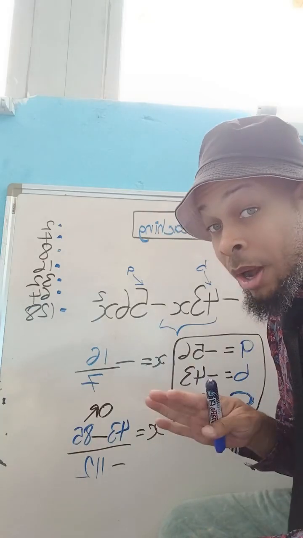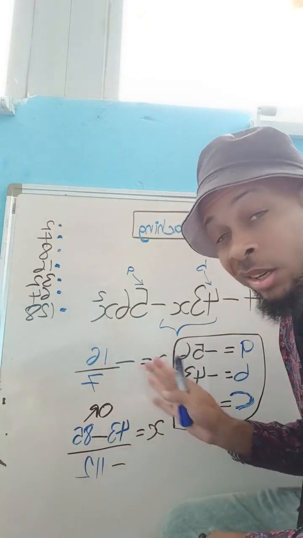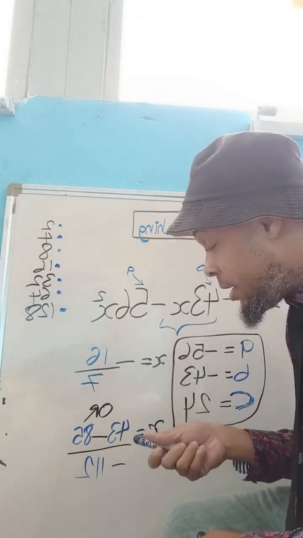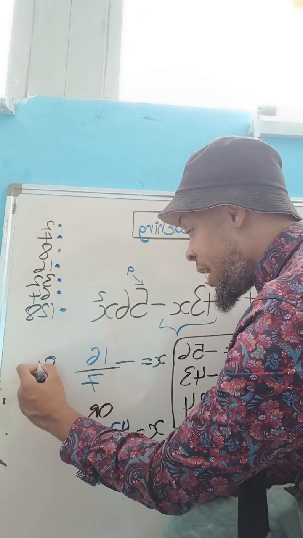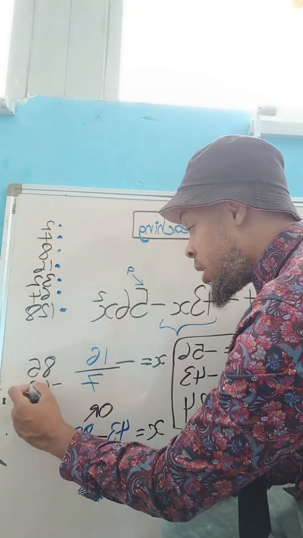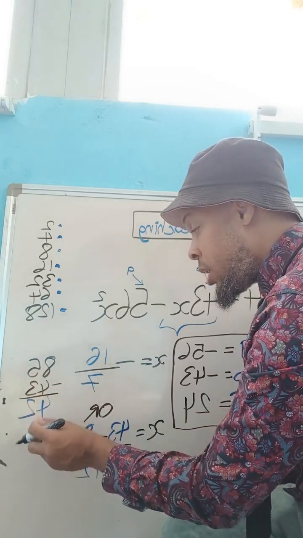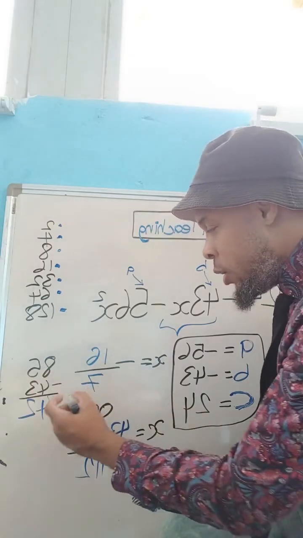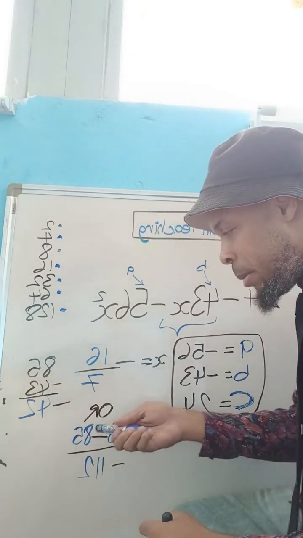Don't overcomplicate it. 85 minus 43, that's 5 minus 3, and then put a minus sign in front of that. So this is going to be minus 42.